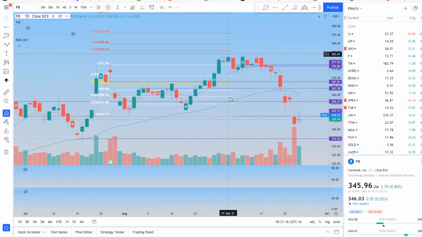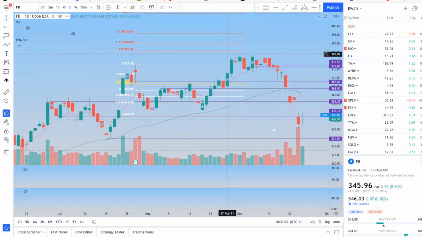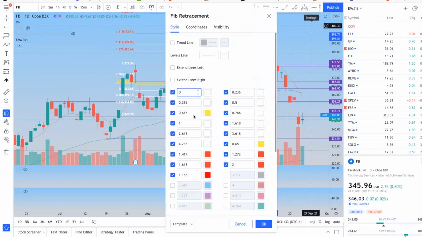The way it's set up is to be super easy to read, quick and easy, because you don't have time during the day, right? So if you want to take note, 0.65 to 0.618, or you can just Google golden pocket. It's going to give you all the levels you need.